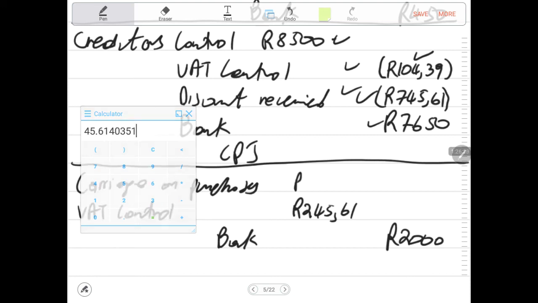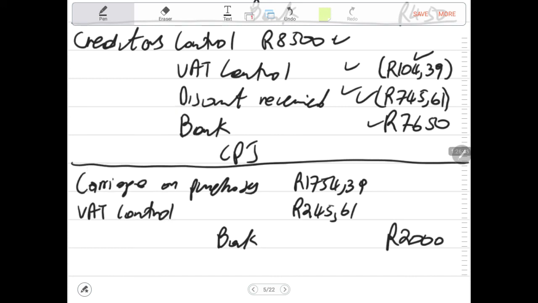This gives us 2,000 times 14 over 114, VAT 245.61, minus 2,000. It is 1,754.39.